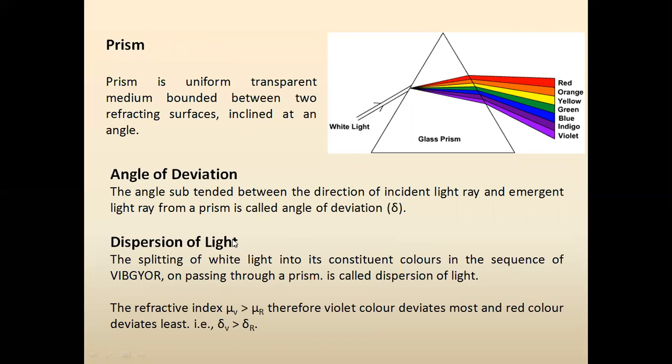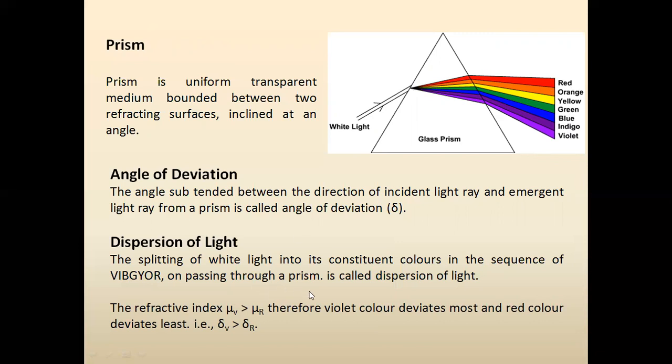Now the dispersion of light. The splitting of white light into its constituent colors in the sequence of VIBGYOR on passing through a prism is called dispersion of light. Here we see that the white light is splitting into its constituent colors, that is VIBGYOR. VIBGYOR means violet, indigo, blue, green, yellow, orange, red.